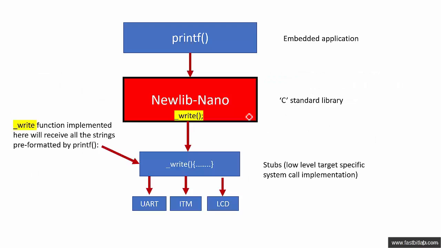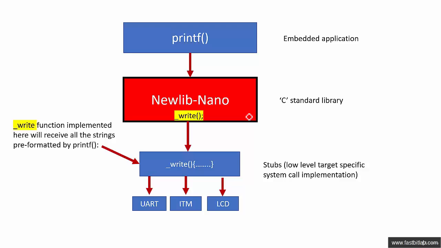For example, if your embedded application wants to use printf, we know that printf is a C standard library function. That standard library function is provided by NewLib Nano or NewLib. Then NewLib calls the low-level system call, that is underscore write.